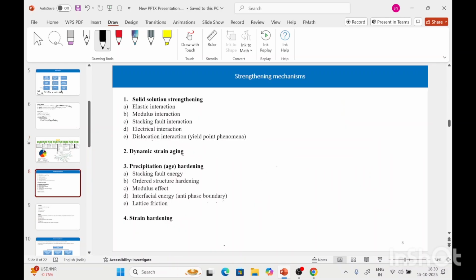First is solid solution strengthening. In that, five types of interaction result in the strengthening of the aluminum alloy. First is the elastic interaction.